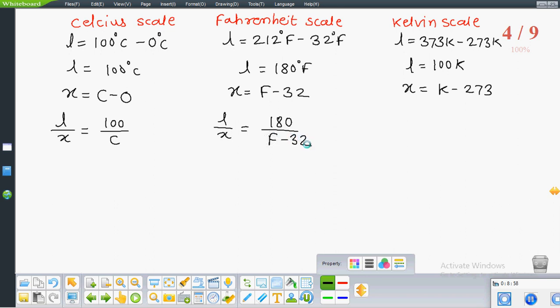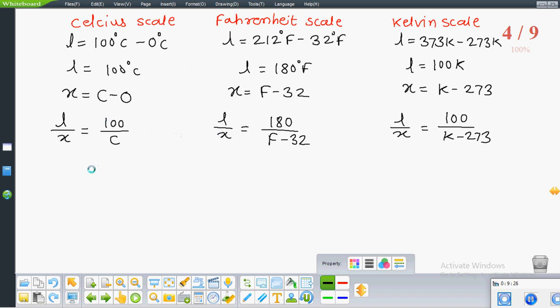Right? Similarly, in the case of the Kelvin scale, the L by X ratio is equal to 100 divided by K minus 273. Now we just equate these equations to find the relation between the Celsius scale and the Fahrenheit scale, and similarly the relation between the Celsius scale and the Kelvin scale also.